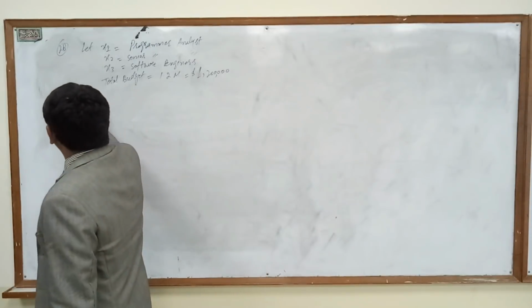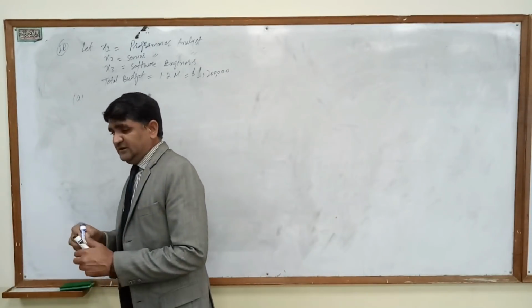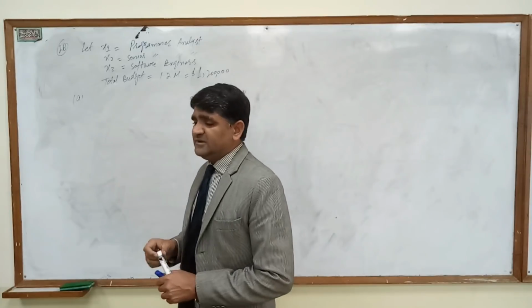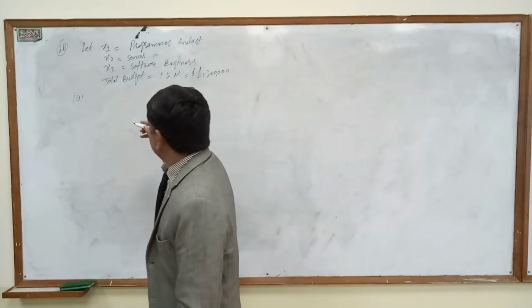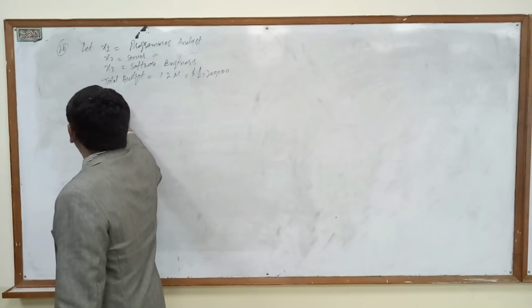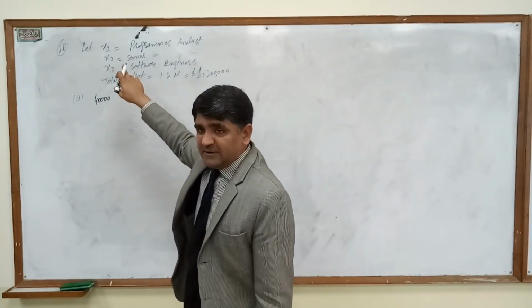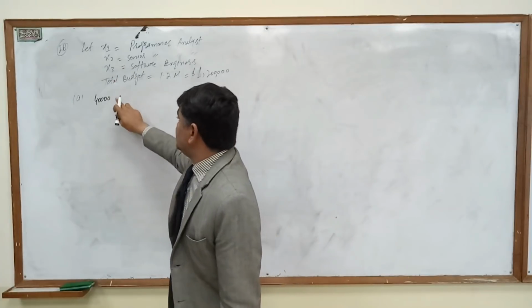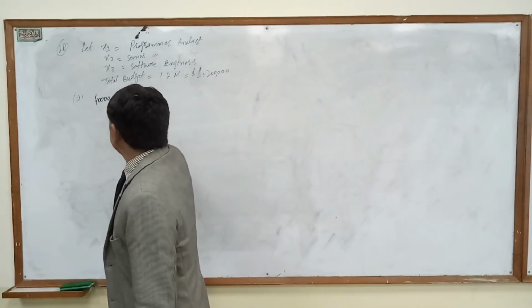So in part A we have to determine the linear function. 40,000 is the pay of programmer analyst, so the coefficient of X1 will be 40,000.